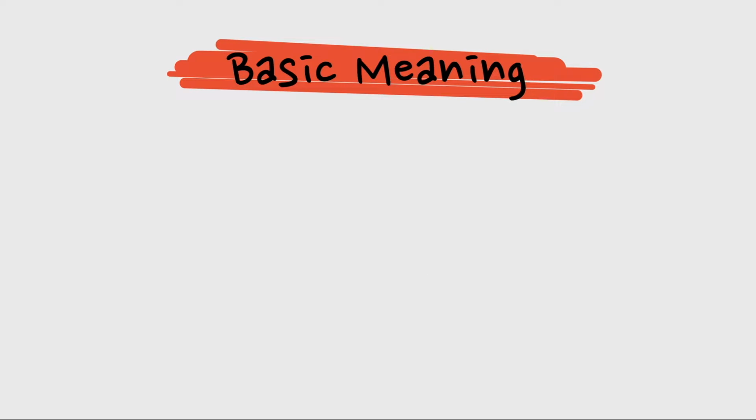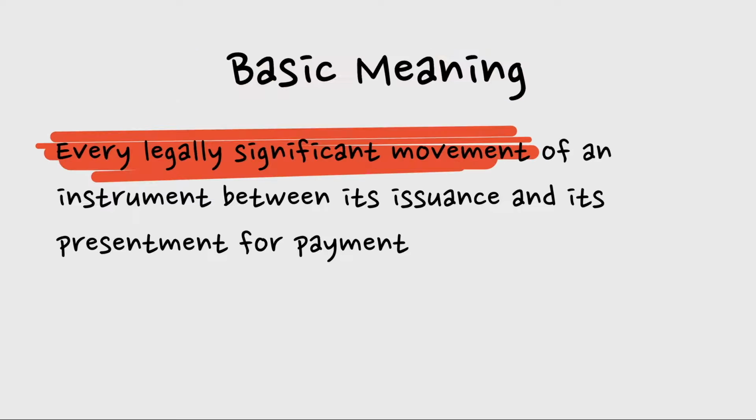The transfer, and right now we're not going to look specifically at the code definition of this. We will unpack transfer a lot more further into the lesson. What we mean here right now is every legally significant movement of that instrument that occurs between the initial issuance of the instrument and its conclusion, its presentment for payment at the end of its life.